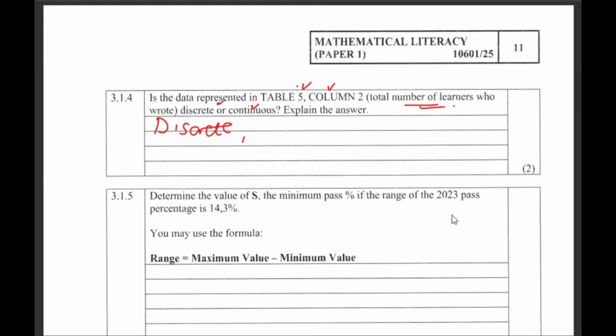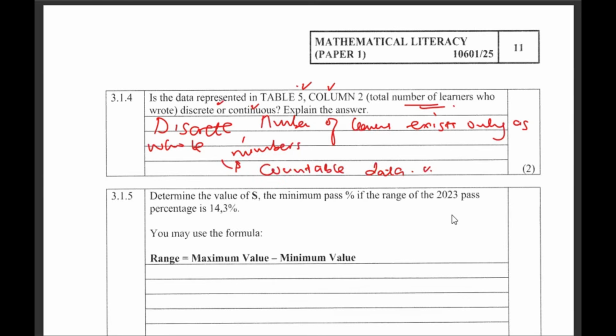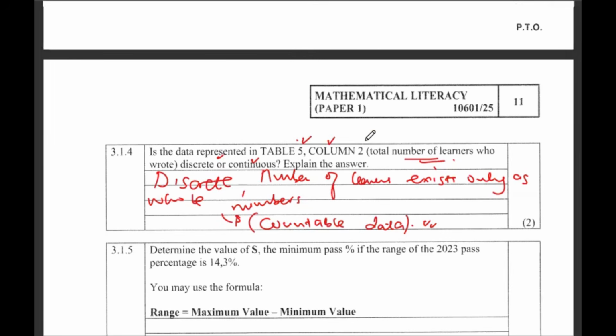The reason being that number of learners exists only as whole numbers, okay? Someone could also say that discrete data is basically countable data. We are dealing with data that we count. So there is no way we can say that that is continuous because they are decimals. The decimals will be basically another representation, okay?